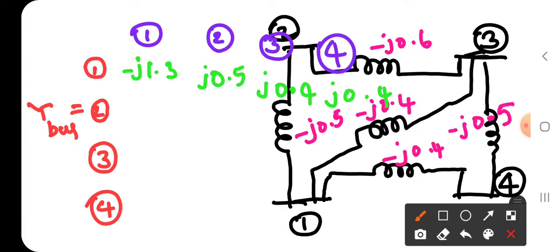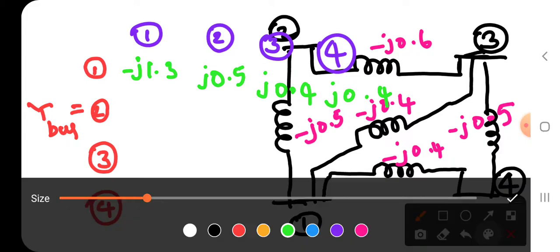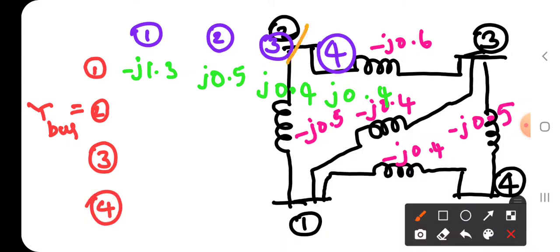Similarly 2 1, this is 2 and this will be 1. So between 2 and 1 we have J 0.5. Next for 2, two elements are connected, 0.5 and 0.6.